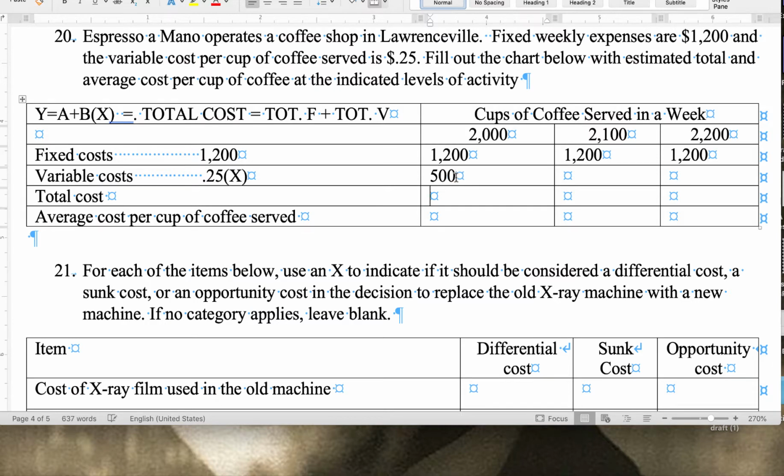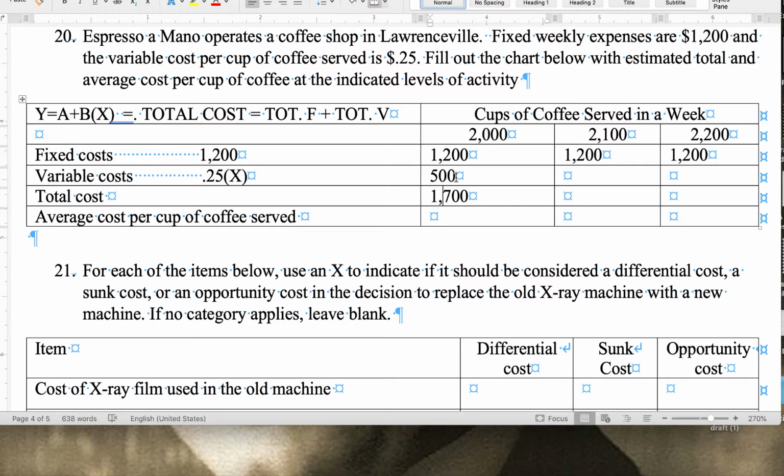Okay, that means that our total cost is total fixed plus total variable. The $1,200 of fixed costs plus the $500 of variable costs equal $1,700. That's our total cost.